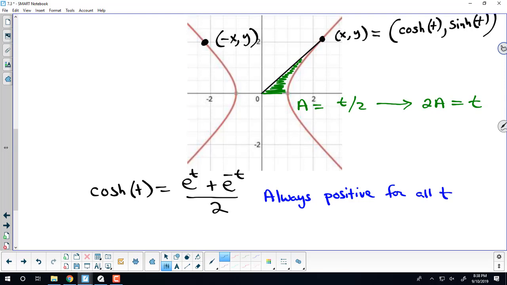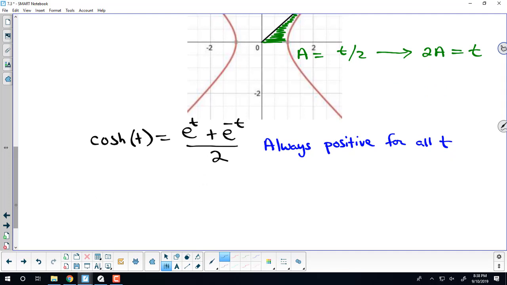In other words, I compute cosh of t and then make it negative. Because the hyperbolic sine is e to the t minus e to the negative t over 2, sometimes that's positive and sometimes negative. So that can give us positive y values here, here, or negative y values here or here.